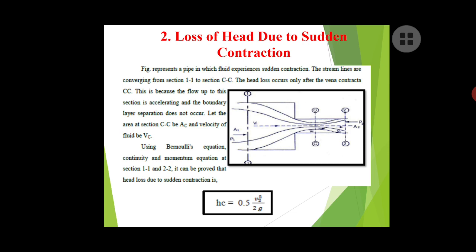Let the area at CC have velocity VC. Applying Bernoulli's theorem and the continuity equation at sections 1 and 2, we get HC, where H is head and C is contraction, equal to 0.5 V2 square upon 2g. This is the second minor loss. Write down.